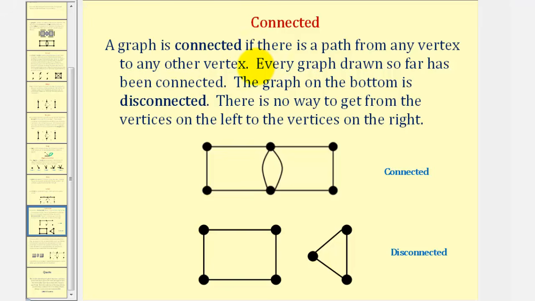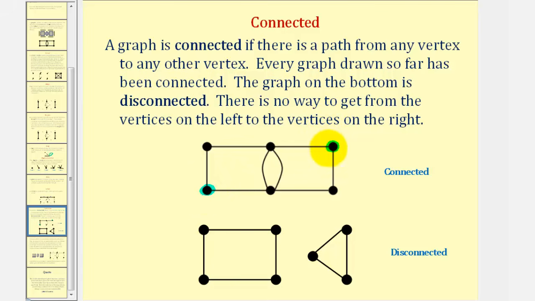A graph is connected if there is a path from any vertex to any other vertex. So this first graph here is connected because if we start at any vertex, let's say this vertex here, and then we select another vertex, let's say this vertex here, there will always be a path from this vertex to this vertex or any other two vertices we decide to select.